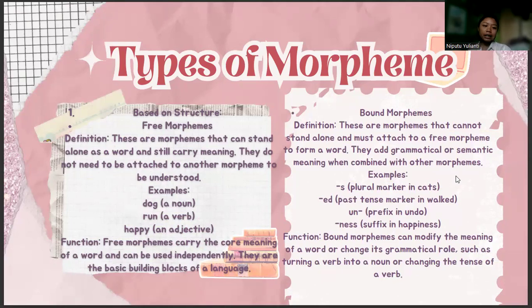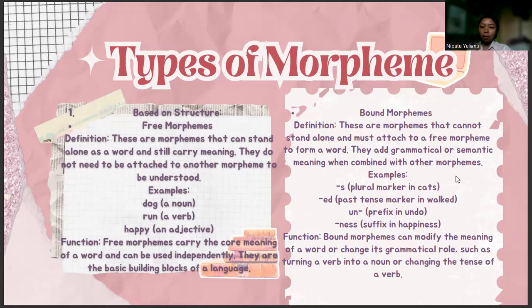They do not need to be attached to another morpheme to be understood. For example, dog, a noun; run, a verb; happy, an adjective. Free morphemes carry the core meanings of a word and can be used independently. They are the basic building blocks of a language.